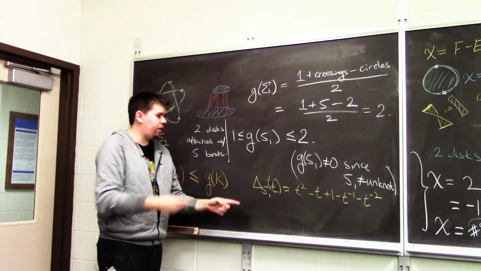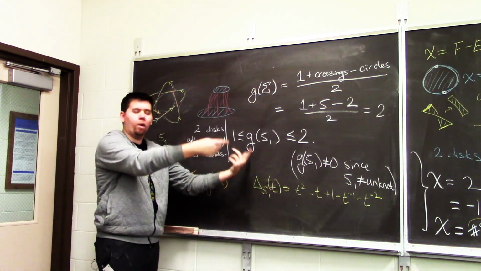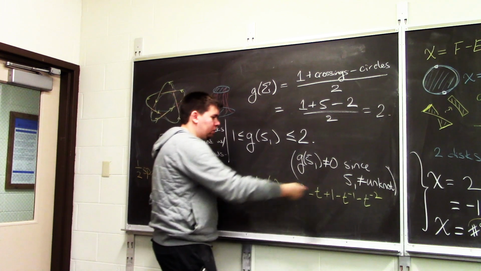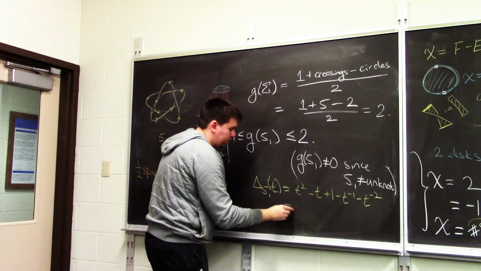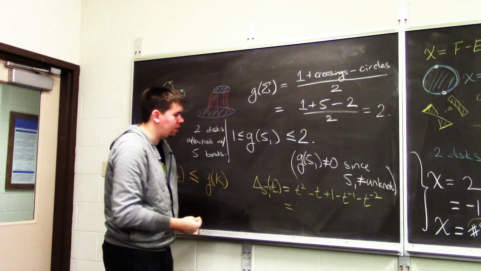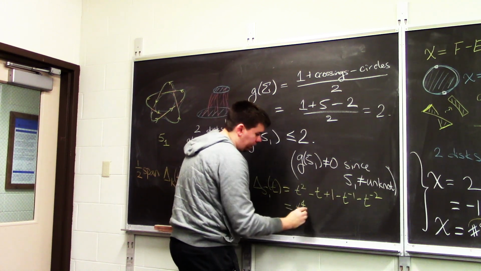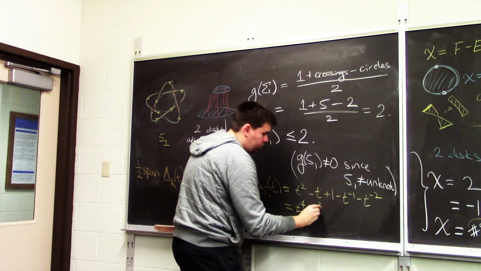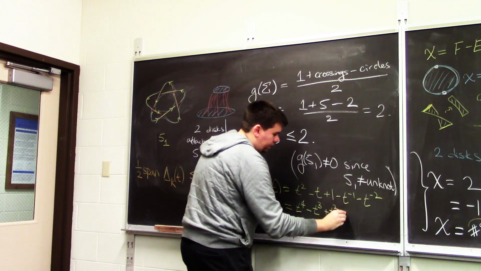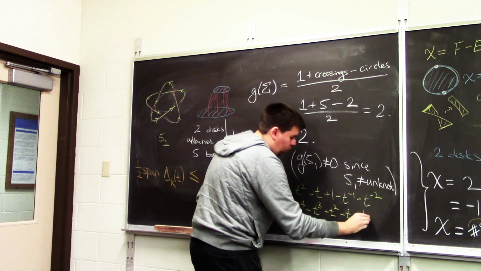But you remember that when we write these, we write them up to multiples of t. So someone else might have calculated it using a slightly different diagram and gotten something like t to the 4th, multiplying through by t squared, minus t cubed plus t squared minus t minus 1.